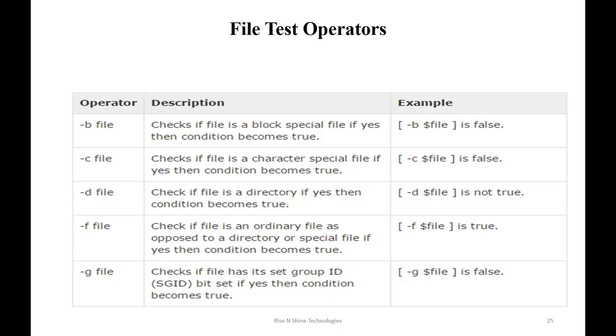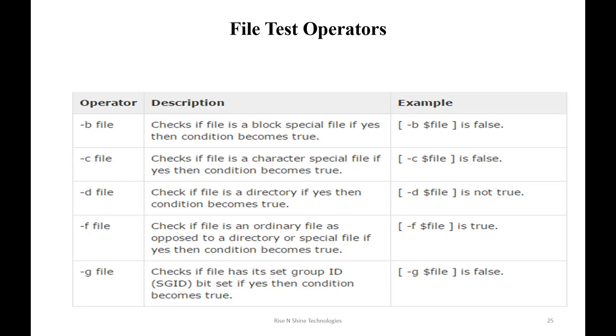In Windows we say drive, but in the Linux operating system we say they're all block devices. Is it a block special file or not? Then hyphen b is helpful to check that.